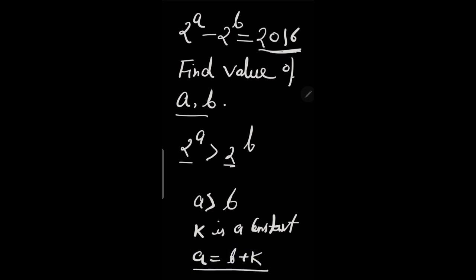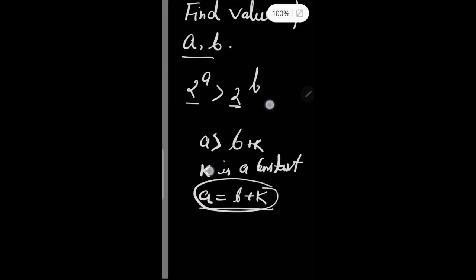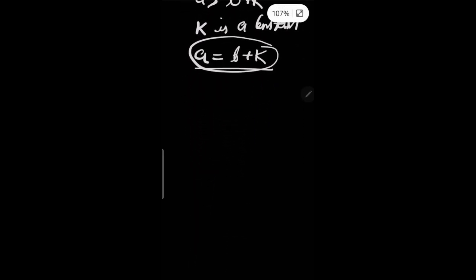Suppose I add k to this number, so the greater becomes equal, meaning a is equal to b plus k. Now, as a is equal to b plus k, come to the question: 2 raised to b plus k minus 2 raised to b is equal to 2016.